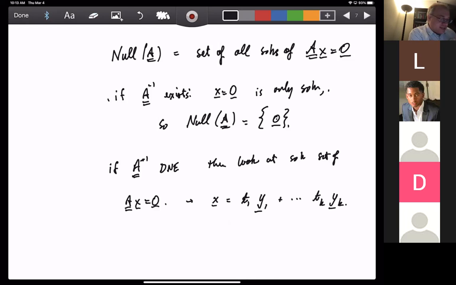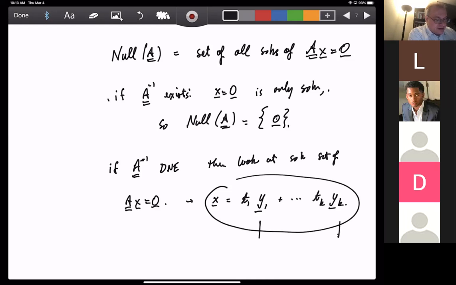If you have to introduce K free parameters, like we saw with that example we worked out, your answer is going to be of this form. And you can think of the null space as the span of the set of all of these vectors that go along with your free parameters.